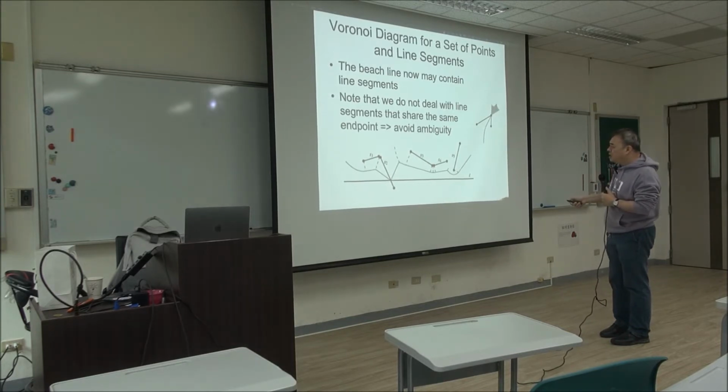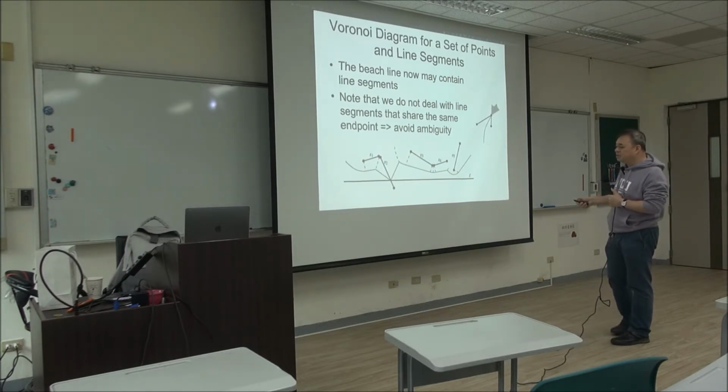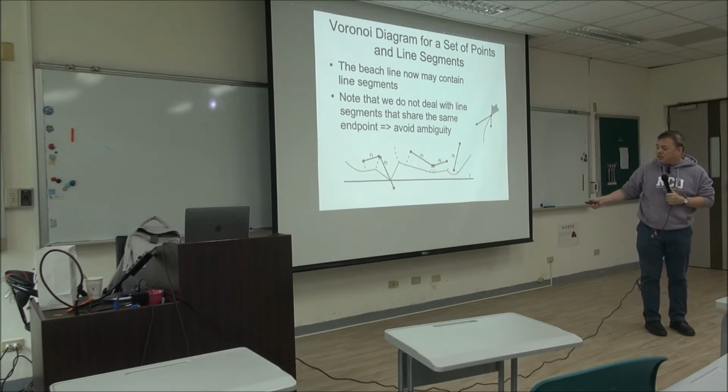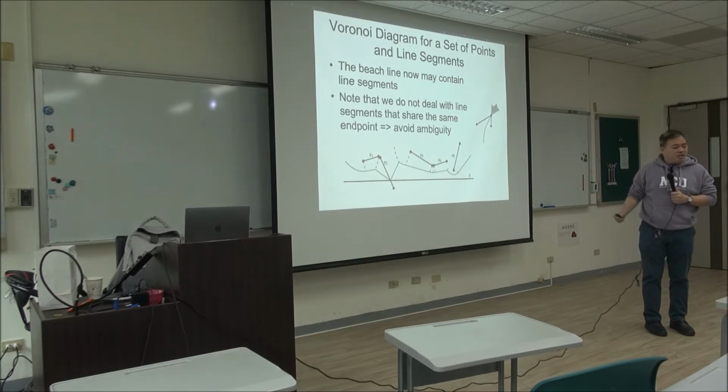we just consider two sides whose endpoints could be close, but they do not share it. Same thing here. If the endpoints are close but you do not share them, then everything will be fine.